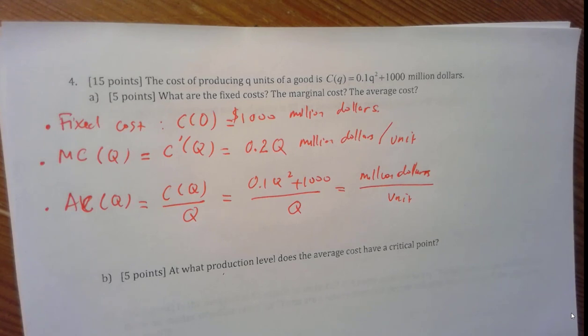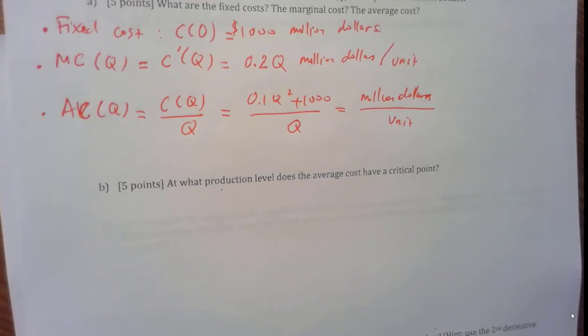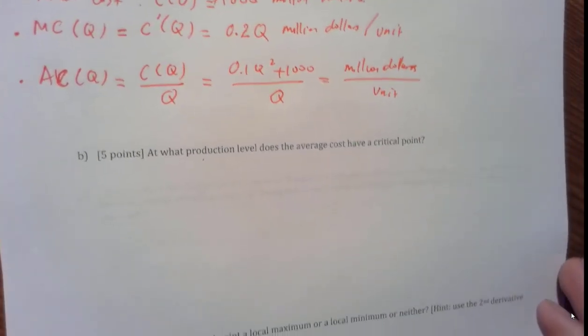Now, at what production level does the average cost have a critical point?